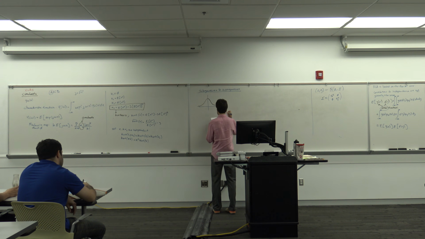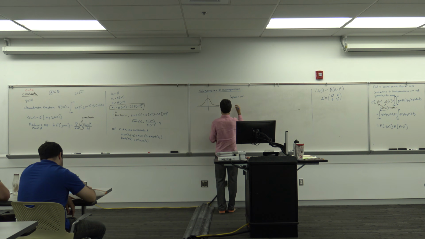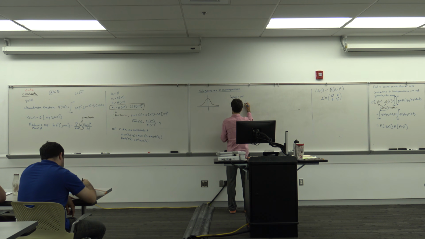I'm going to consider the Laplacian distribution, which is given by the PDF, has 2 parameters, the mean, mu, and a parameter b. And this is 1 over 2b times the exponential of negative absolute value of x minus mu, so I subtract the mean, over b.